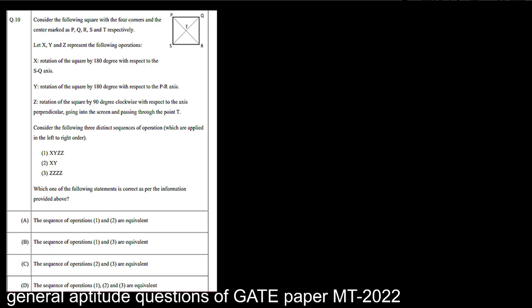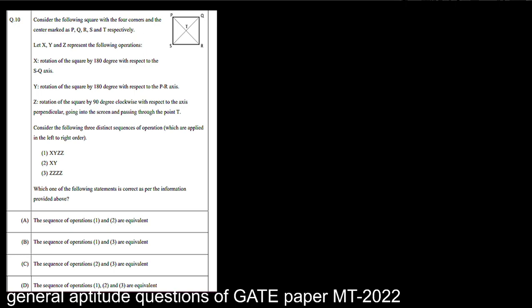Operation Y says rotation of the square by 180 degrees with respect to the PR axis. Here the rotation is by the same amount, but we have changed our reference axis, and the reference axis is the second diagonal PR of this square.